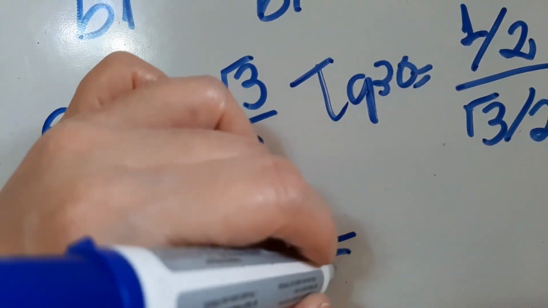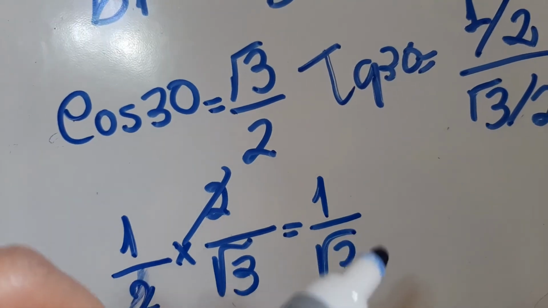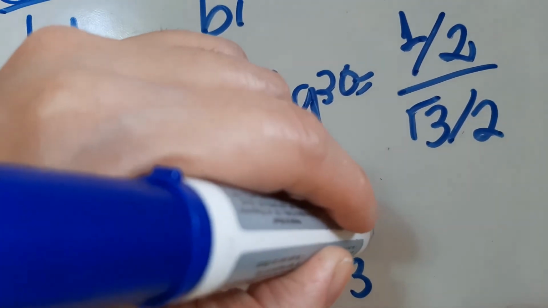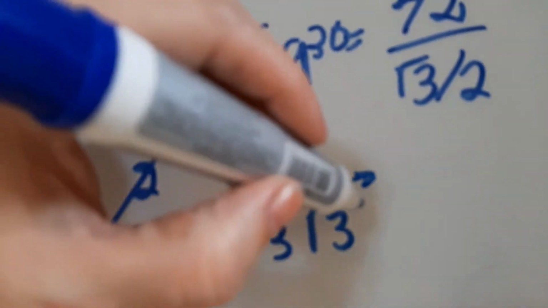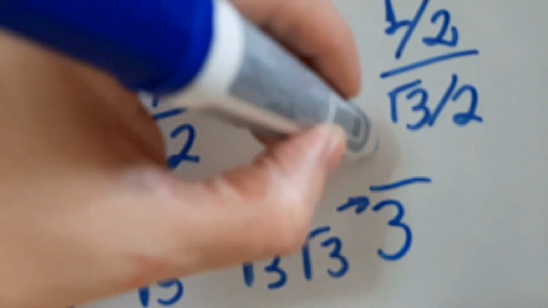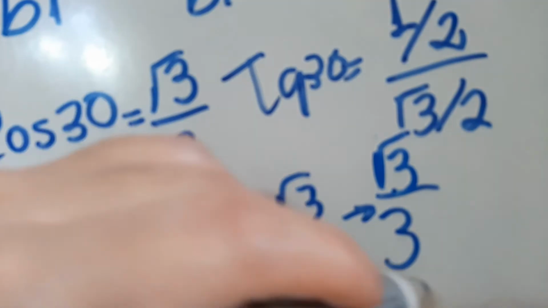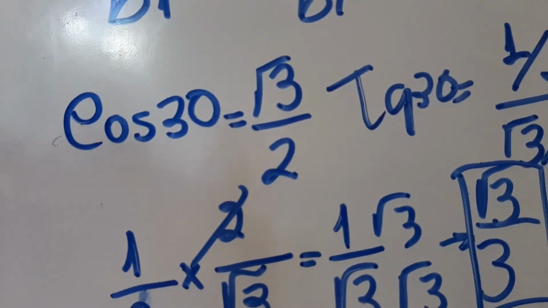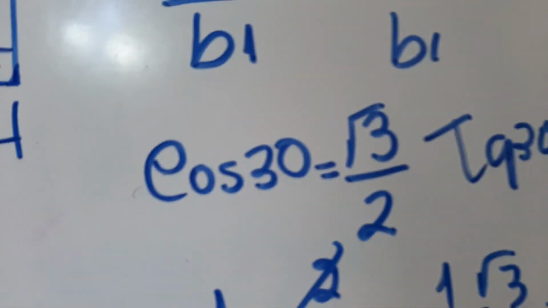You can't have a root in the denominator, so multiply by the root, and you're gonna have root of 3 over 3. So this is the tangent of 30.